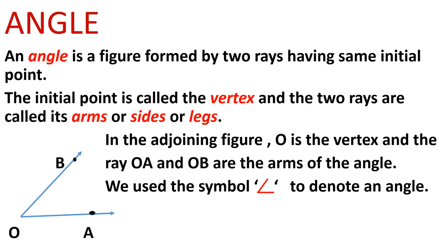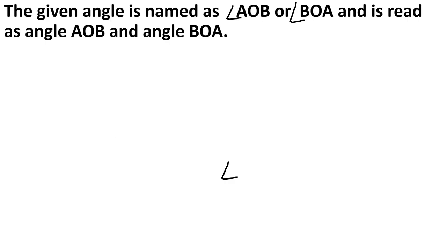We use the angle symbol to denote an angle. Whenever we write the measurement of an angle or the name of the angle, we must use the symbol of angle. The given angle is named angle AOB or angle BOA and is read as angle AOB and angle BOA.